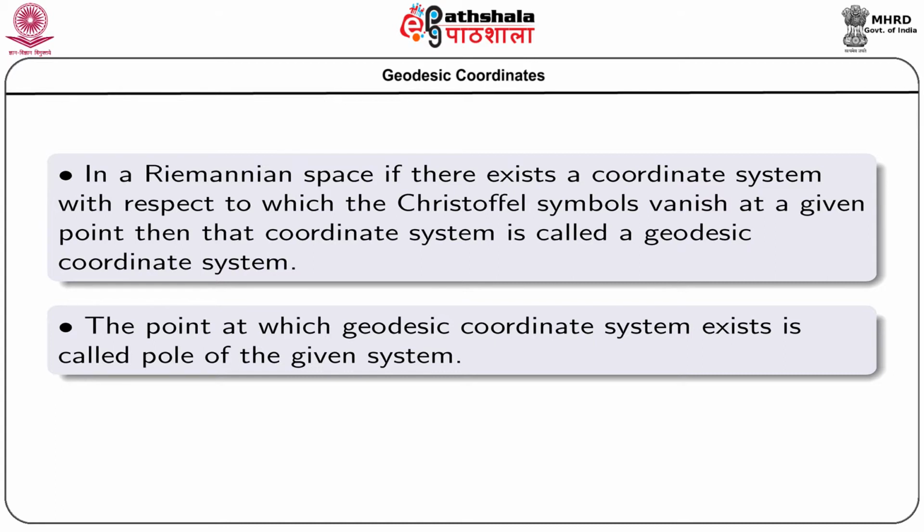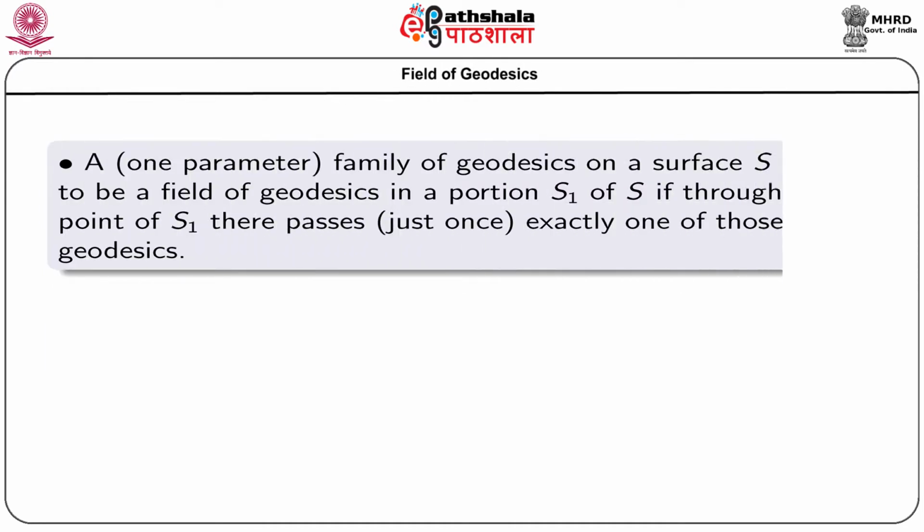Next, we consider the field of geodesics. Now, a one parameter family of geodesics on a surface is said to be a field of geodesics in a portion S1 of S if through every point of S1 there passes just once exactly one of those geodesics.